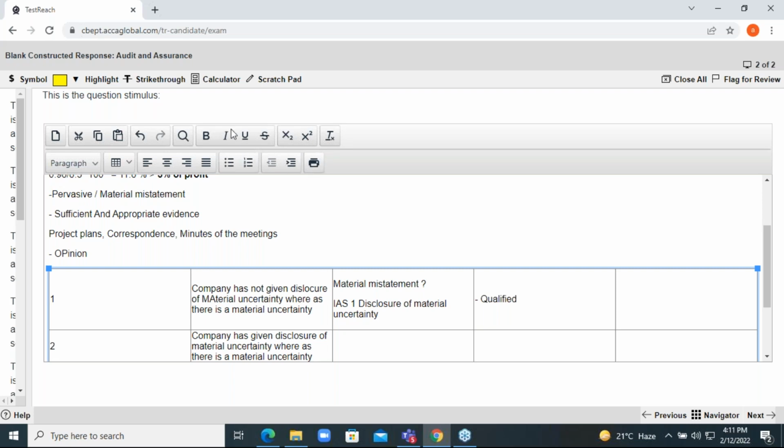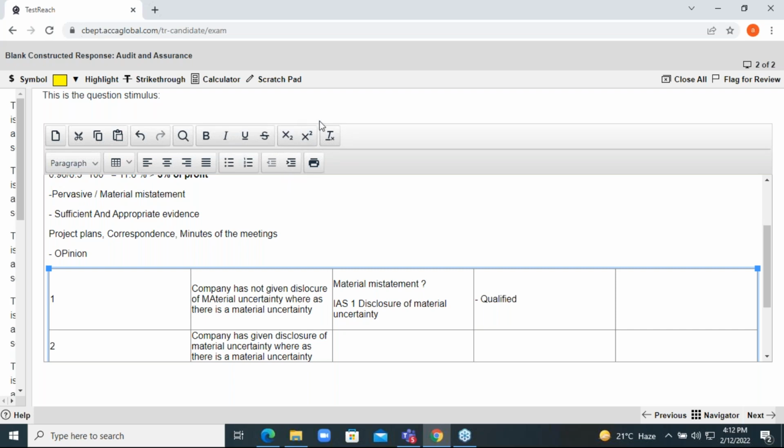Manesh Kumar, unmodified opinion. Hamad, emphasis of matter paragraph. Samantha is saying unmodified report and qualified opinion if it is not pervasive. Batul is saying unmodified opinion with emphasis of matter paragraph. Okay, Batul, this is not the correct answer. Hamad Aswar is saying unmodified with modified opinion.